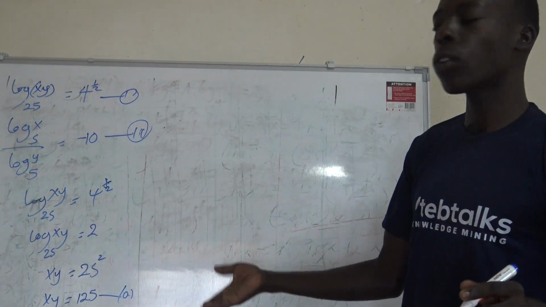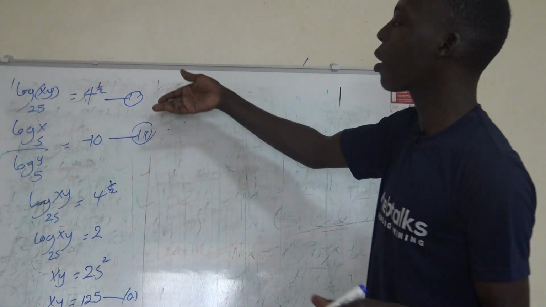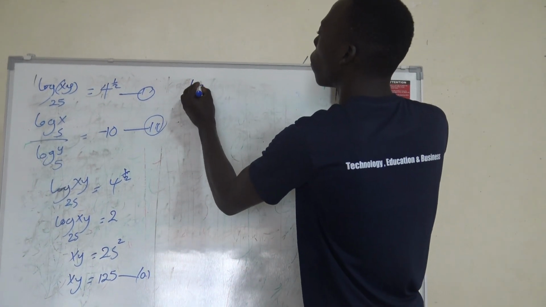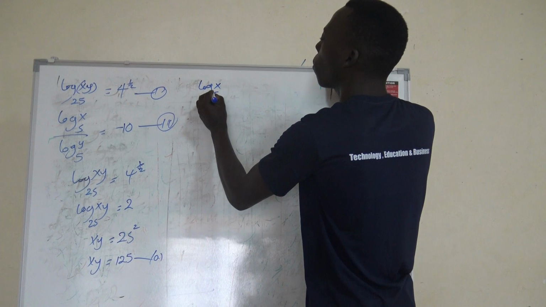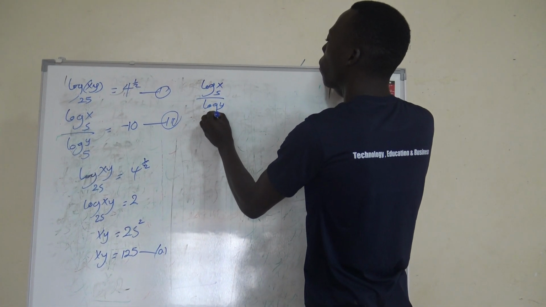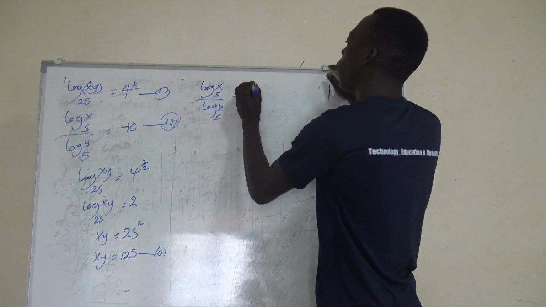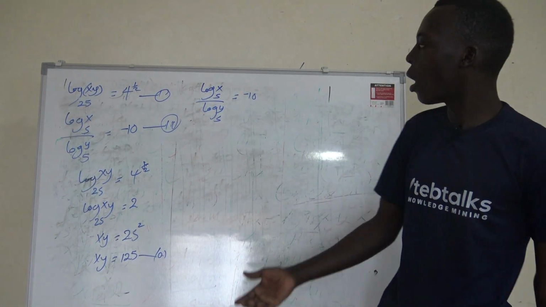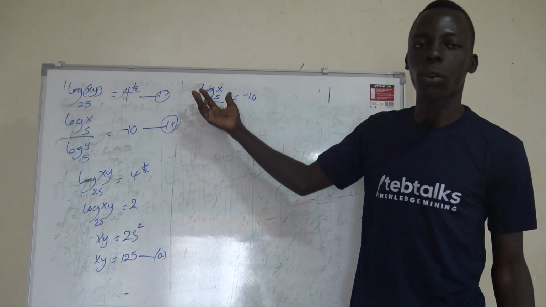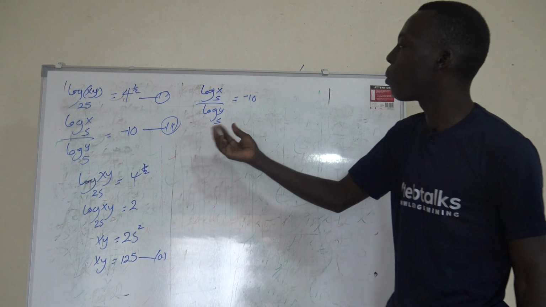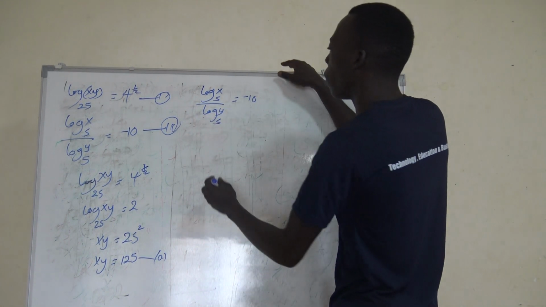After getting equation A, we go to the second equation, which says log of x base 5 minus log of y base 5 equals -10. For this equation, if we have logarithms of the same base, we subtract the logs.